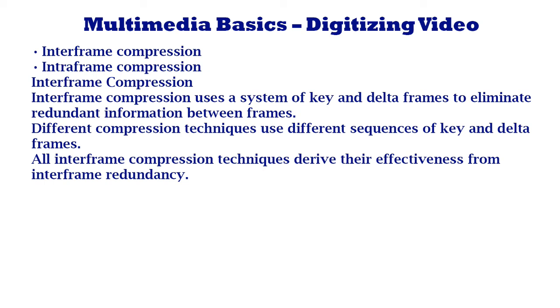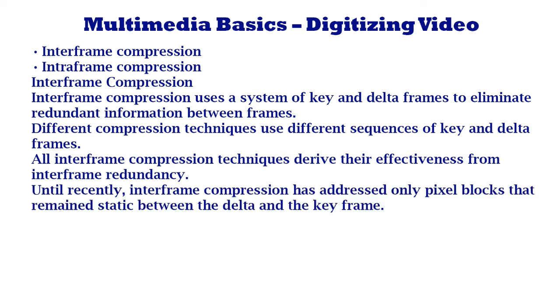All interframe compression techniques derive their effectiveness from interframe redundancy. Low motion video sequences such as the head and shoulders of a person have a high degree of redundancy, which limits the amount of compression required to reduce the video to the target bandwidth.